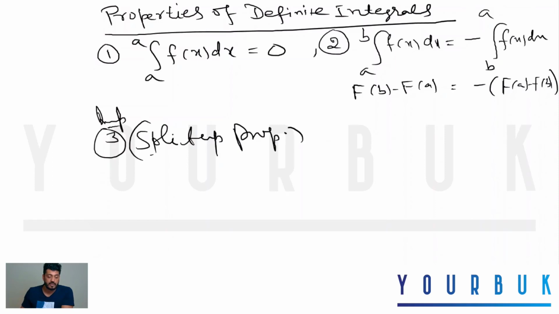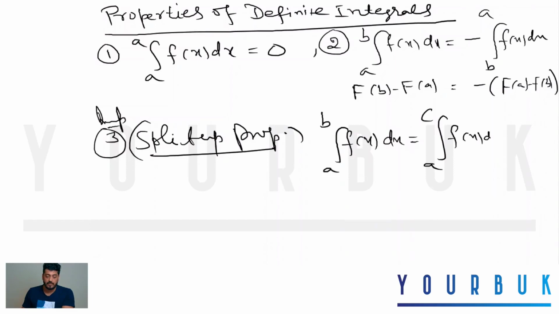Now, as the property says that it is the split up property, in this case we'll split the given definite integral. So suppose we are given any definite integration a to b f(x) dx. We can always write this integration as a to c f(x) dx plus c to b f(x) dx.